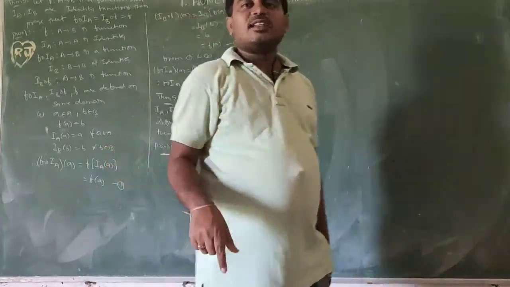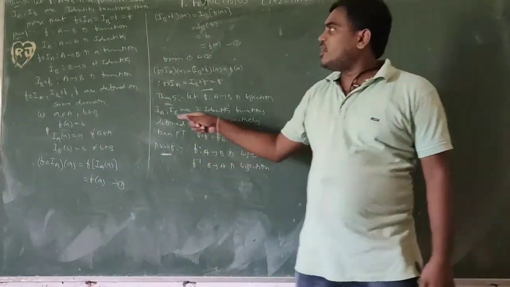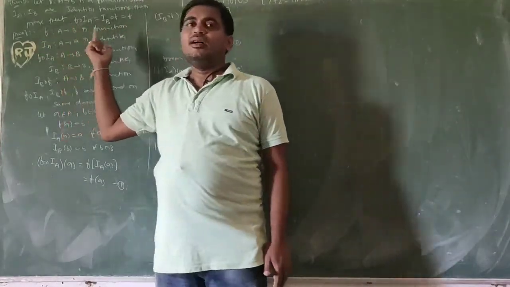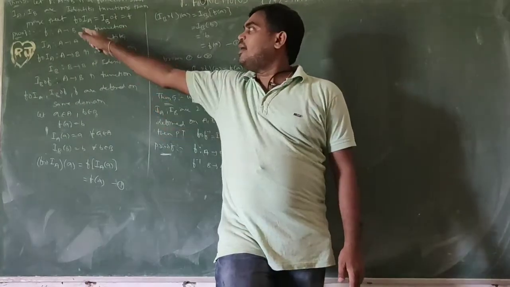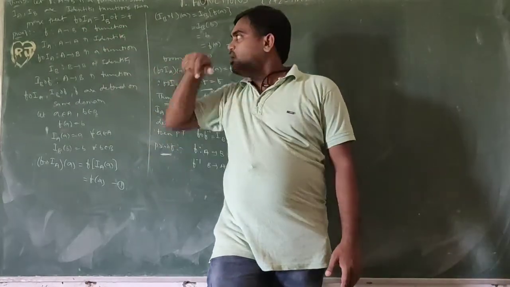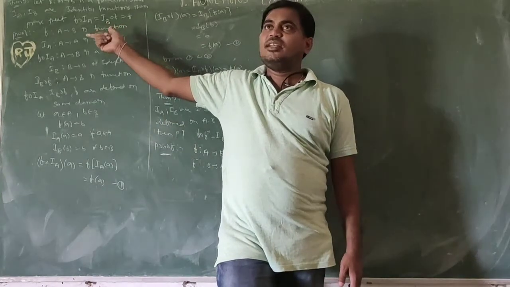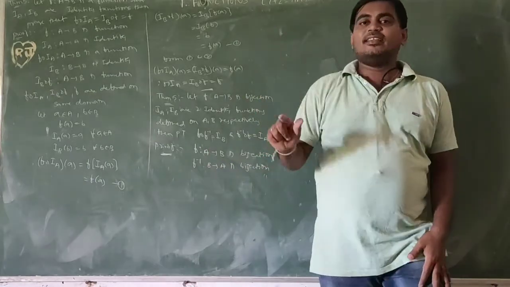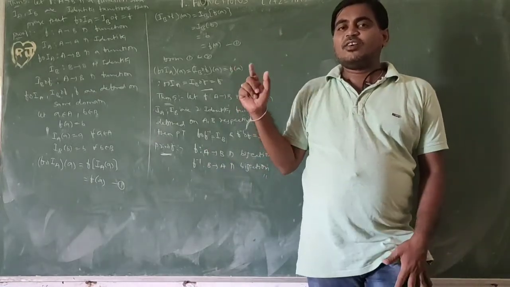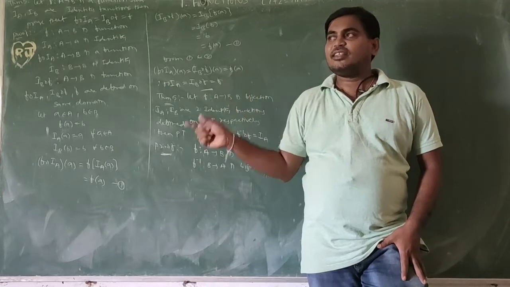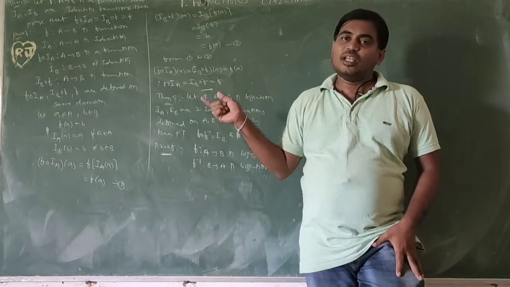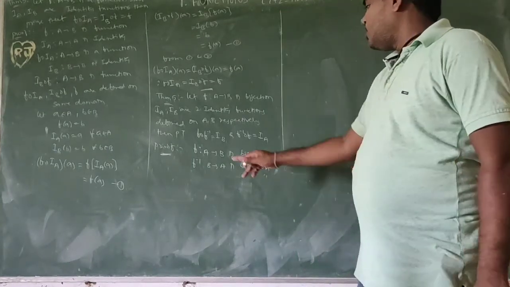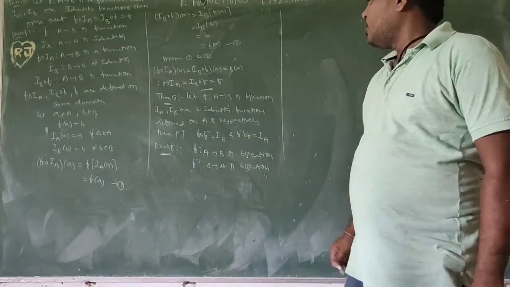A function has an inverse only if it is a bijection. Previously, F from A to B was just a function, and F inverse need not exist. But if it is a bijection, then it definitely exists, and the inverse function is always a bijection. So F inverse from B to A is also a bijection.